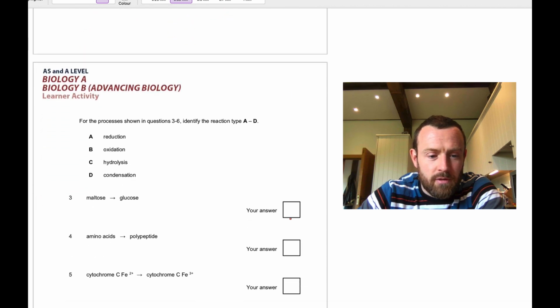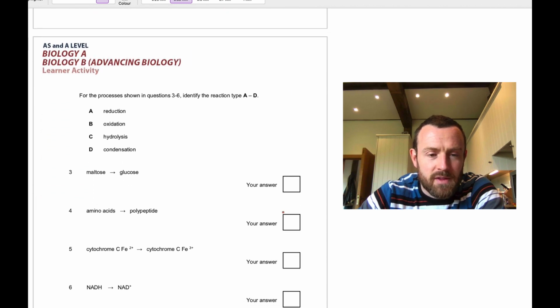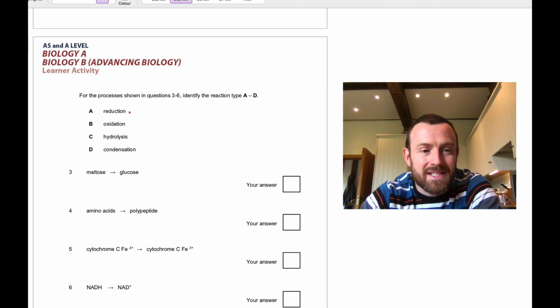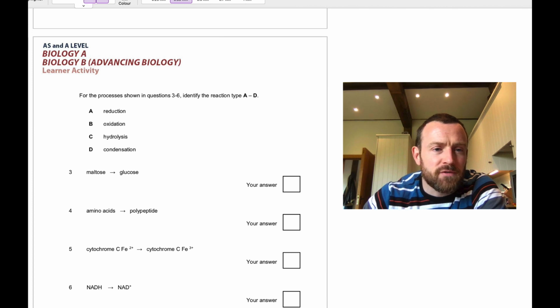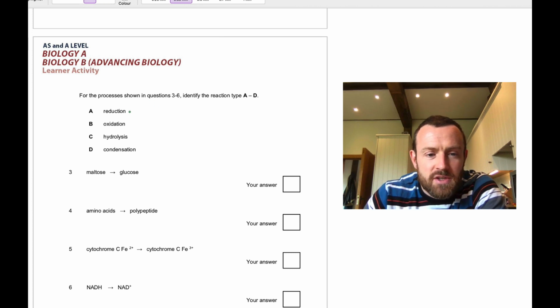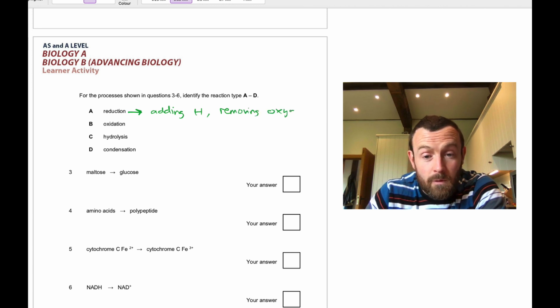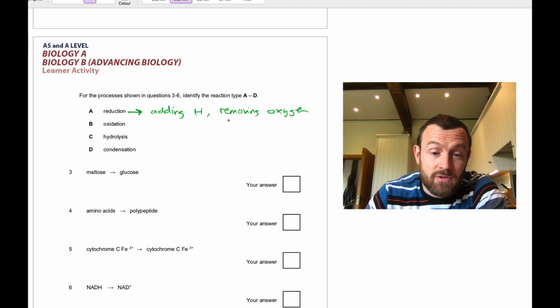A. Questions 3, 4, 5, and 6 are all about these statements here. So reduction, oxidation, hydrolysis, and condensation. Let's first define each of those processes. So reduction can be adding hydrogen, or it can be removing oxygen. And it can also be gain of electrons.